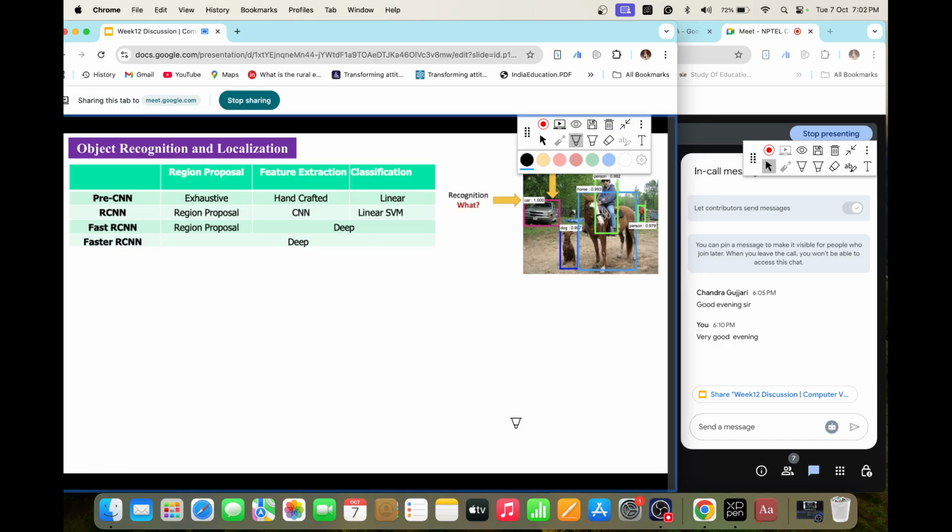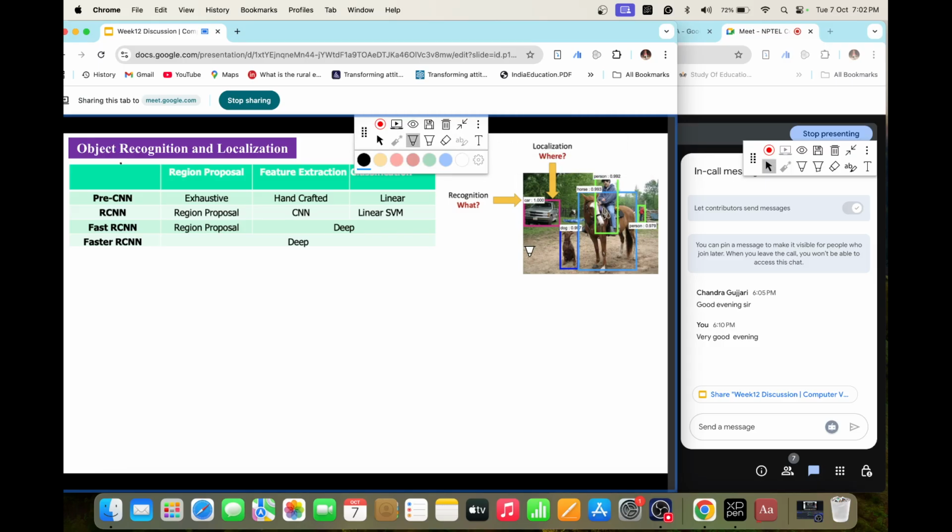So this is object recognition and localization. Classification we have already discussed in week 10, and now we will be talking about detection and segmentation. So object detection, recognition and localization is nothing but detection. Detection means, if this is classification, you will get only dog, person, car.